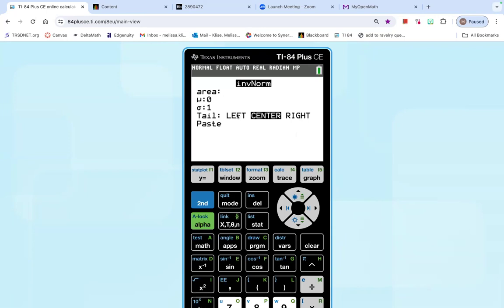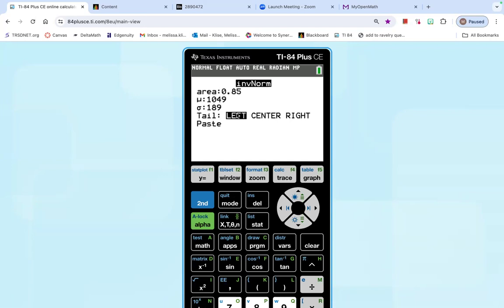We're looking for the 85th percentile, so I'm going to put 0.85 in the area. And I don't want a Z-score. I want actual data values. So my mean is 1049 and my standard deviation is 189. And I'm putting this on left because that's the default.